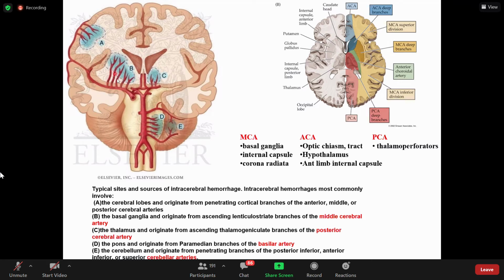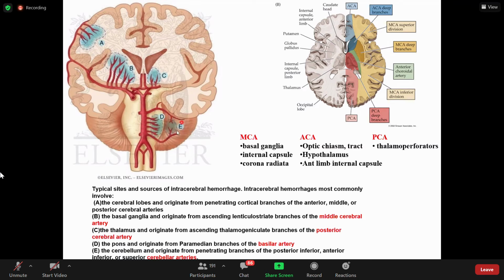injury to the basal ganglia and internal capsule or ischemia is most likely due to lenticulostriate branches, either from the anterior cerebral or middle cerebral. Thalamus, it is the thalamostriate branches from the posterior cerebral artery, and of course, pontine or midbrain, brainstem. In general, these are the branches of the vertebrobasilar arteries.